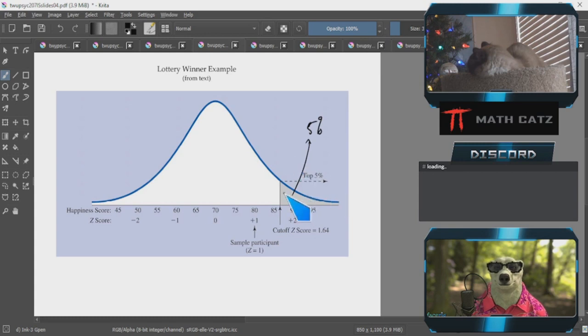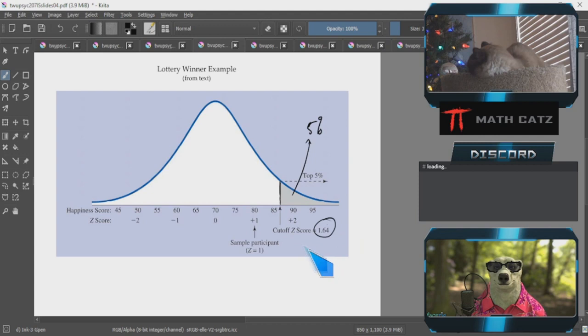So what does this 5% mean? It means that in this distribution of happiness scores, there is only a 5% chance of getting someone beyond this cutoff line. Now I can do that in terms of the happiness score, or I can do that in terms of the z-score. We already looked it up.